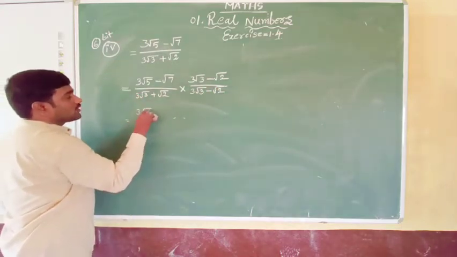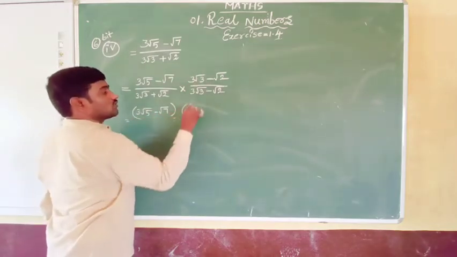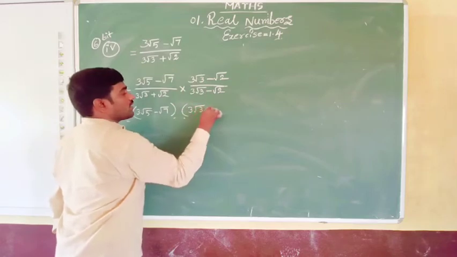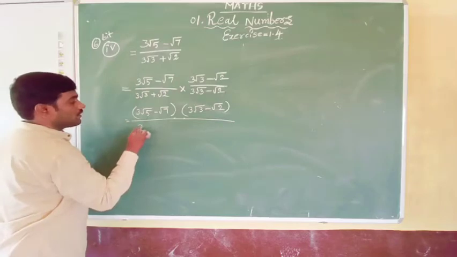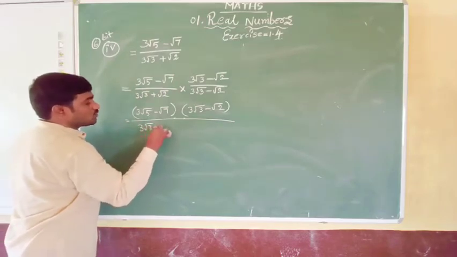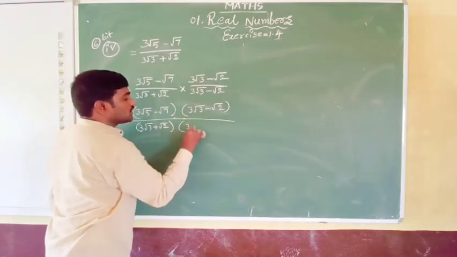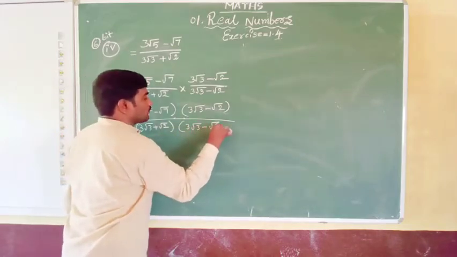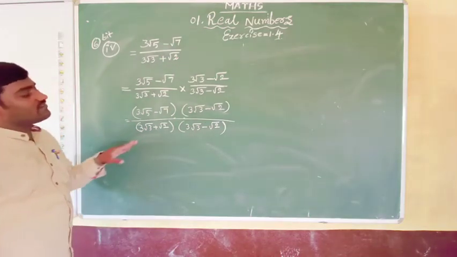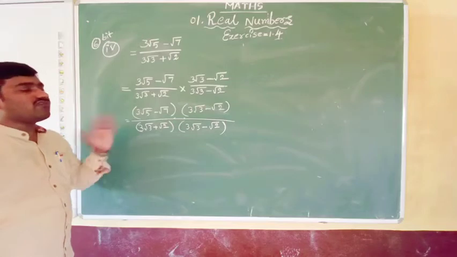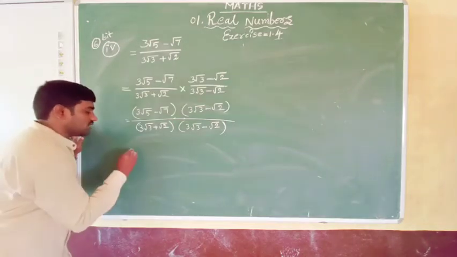Here (3√5 − √7)(3√3 − √2) over (3√3 + √2)(3√3 − √2). Now see that in the denominator we have one formula, but the numerator we need to multiply very carefully. Let us multiply that.